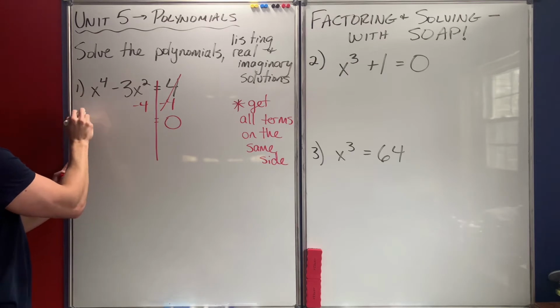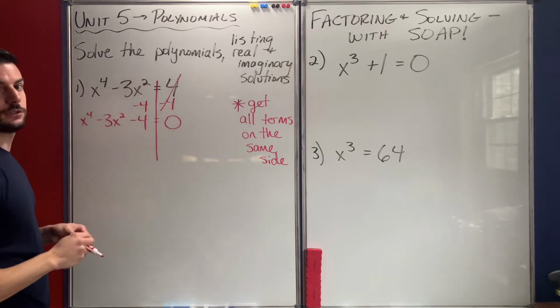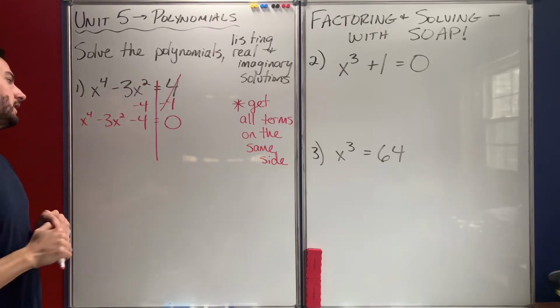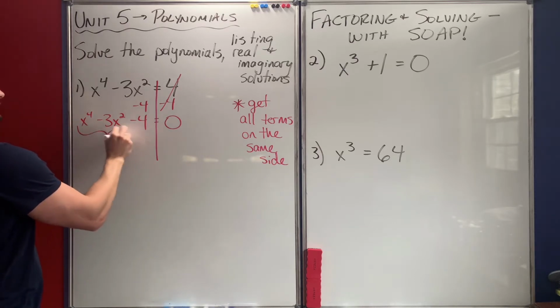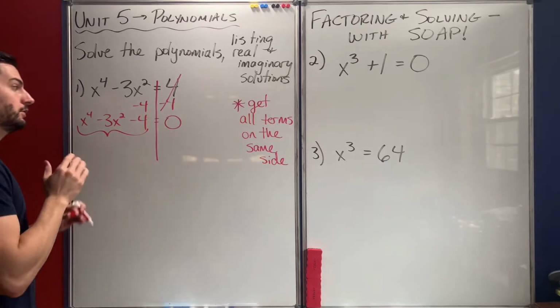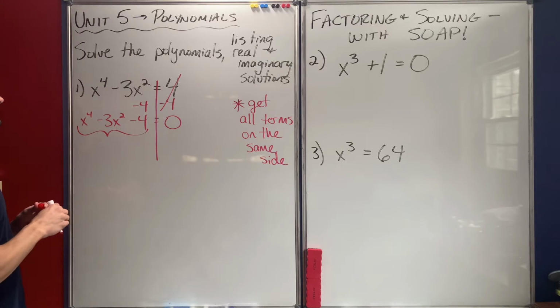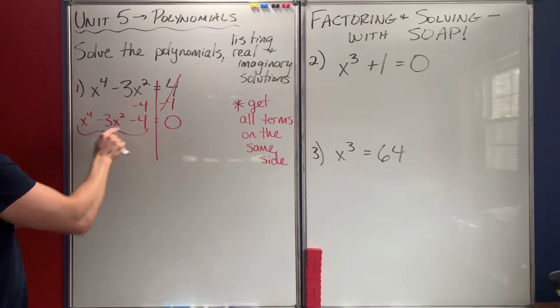Then I have x to the 4th minus 3x squared minus 4 equals 0. So now that is all together on that side, and I would try to factor this into 2 individual groups so that I can solve it using the zero product property like we've done before.